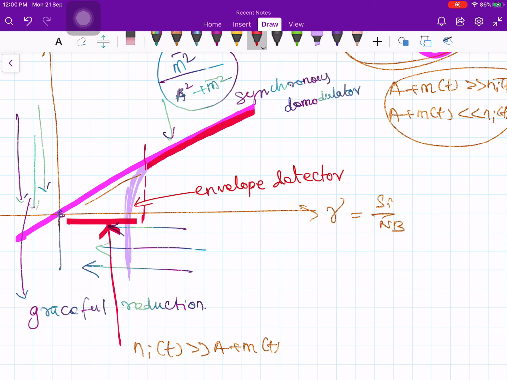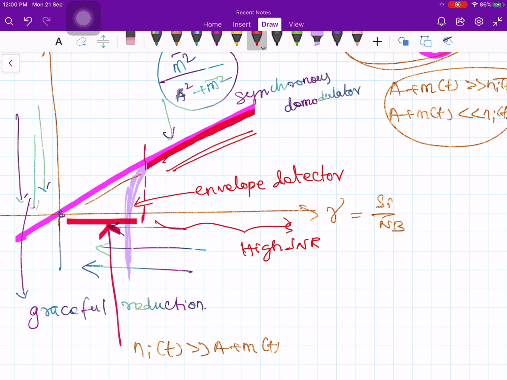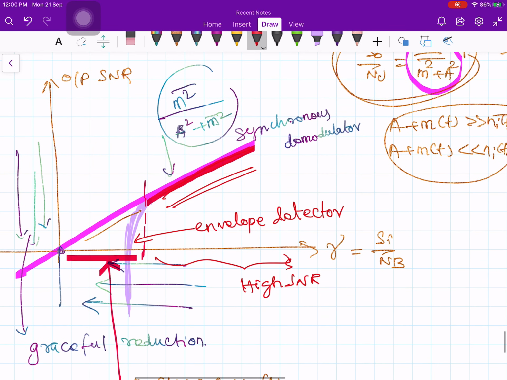Okay, we know that at high SNR the input signal is much stronger than the noise. So under high SNR, in this region, the degradation will be a straight line like this. Therefore under high SNR we are more or less on the same curve which we had for your synchronous demodulator. See, this is my synchronous demodulator, right?